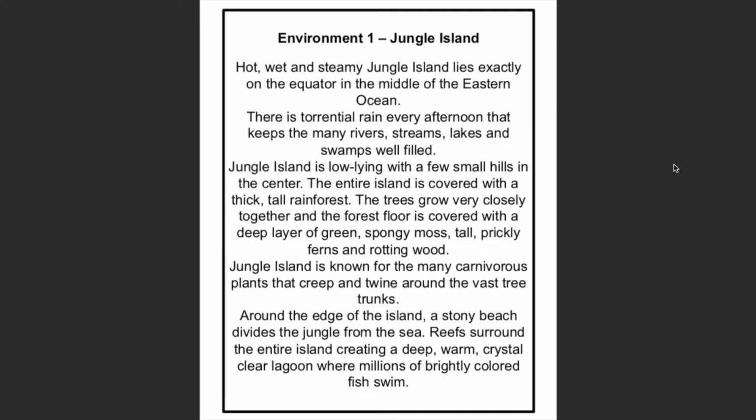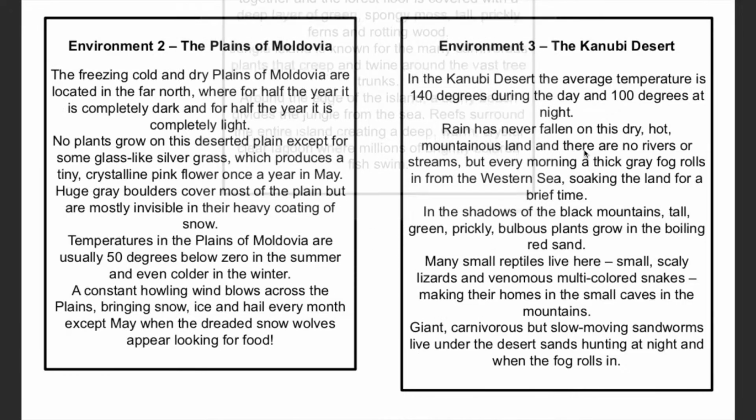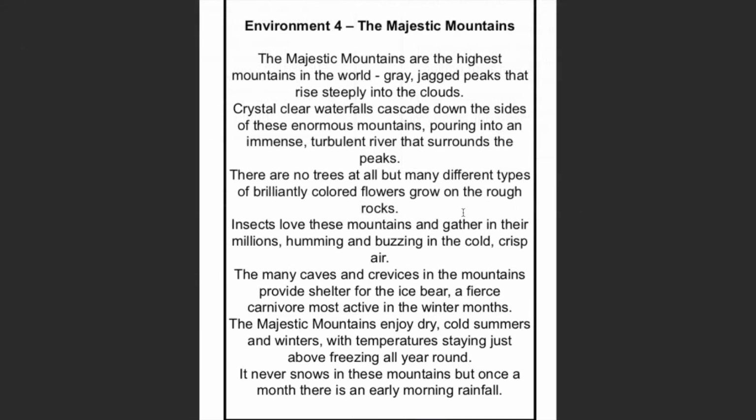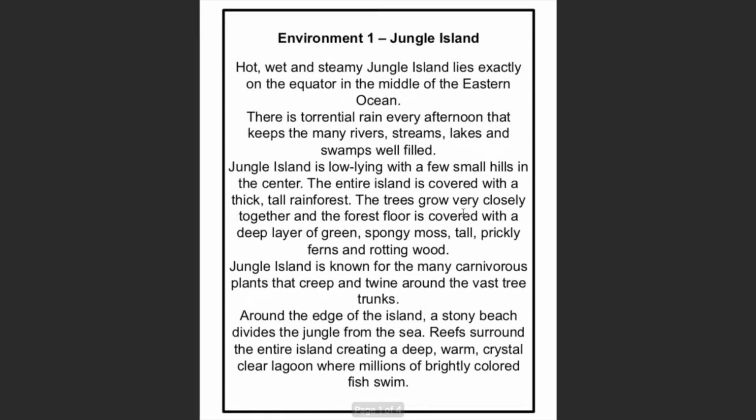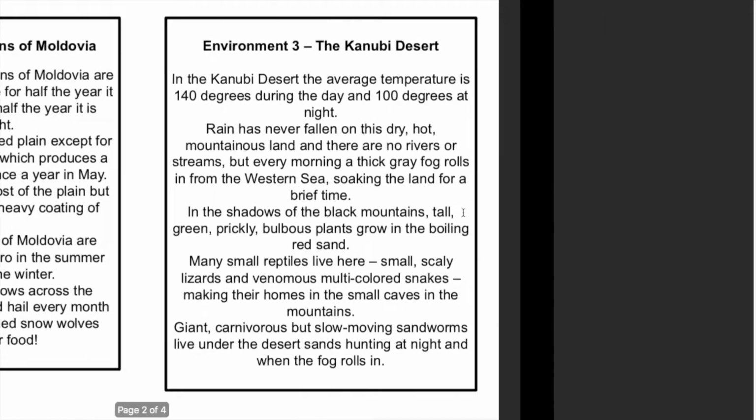The materials that you will need for this part of the lesson are the descriptions of these made-up environments that we will use for our activity. You're going to need this adaptation brainstorm sheet, a blank piece of paper, a pen and a pencil, and something to color with.